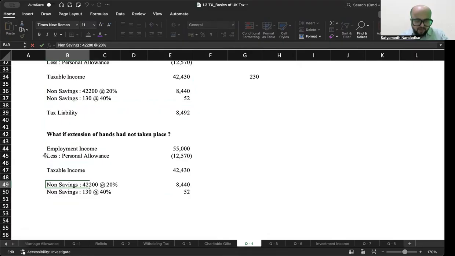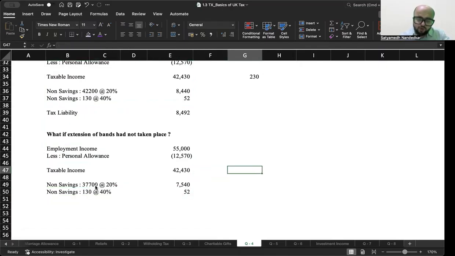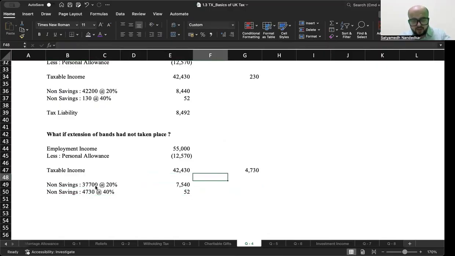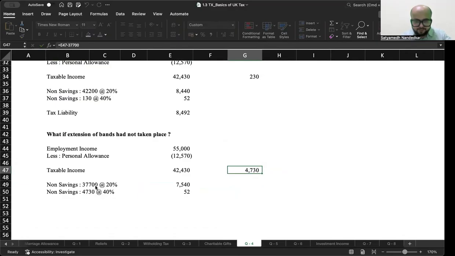Your bands would be 0 to 37,700. So 37,700 at the rate of 20%. Now, if 42,430 is taxable income and 37,700 is taxed in the basic rate band, then 4,730 has not been taxed yet. That will be taxed at the rate of 40%, right?